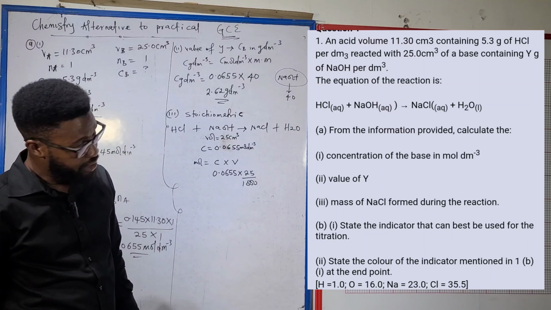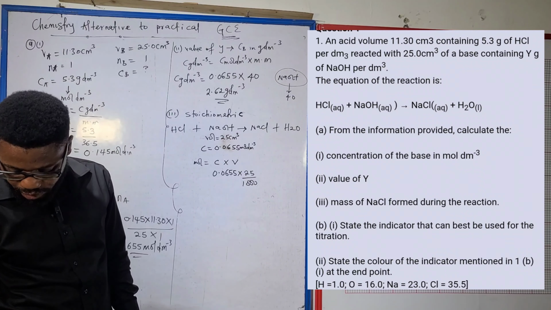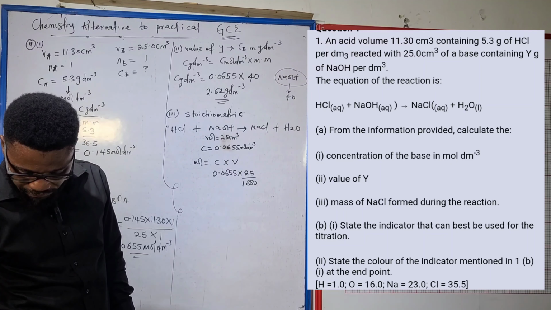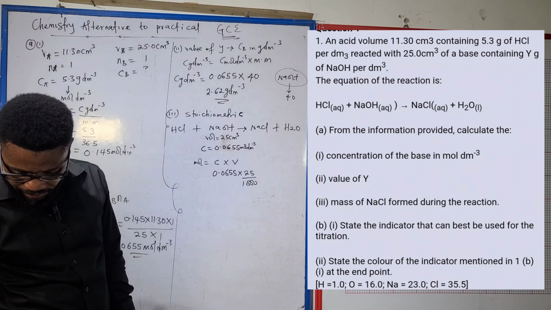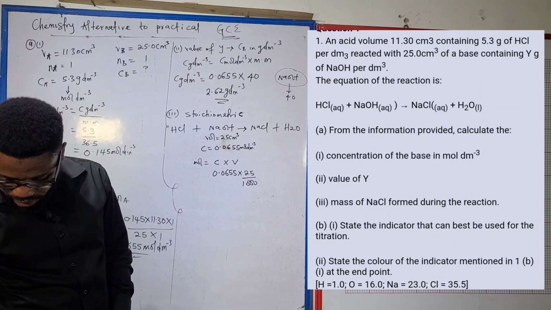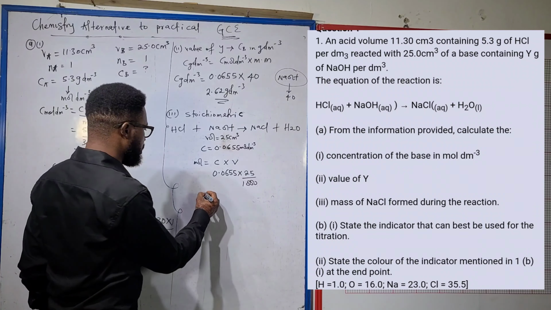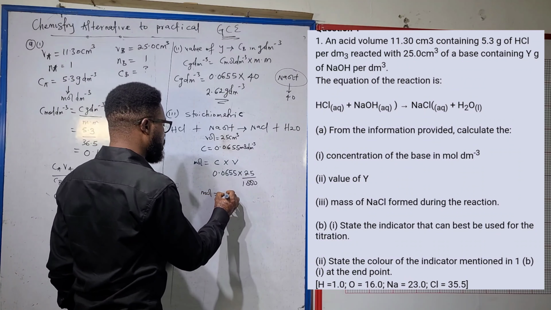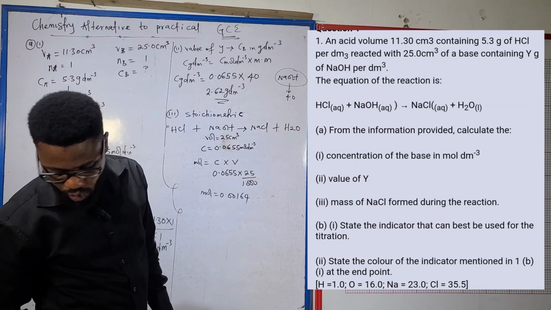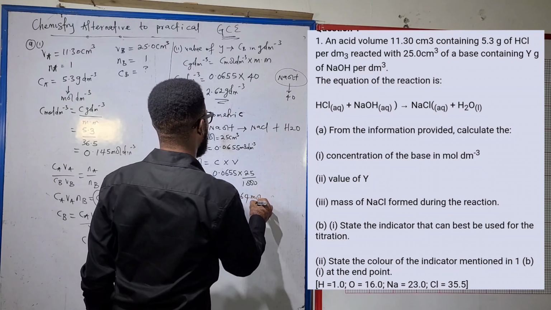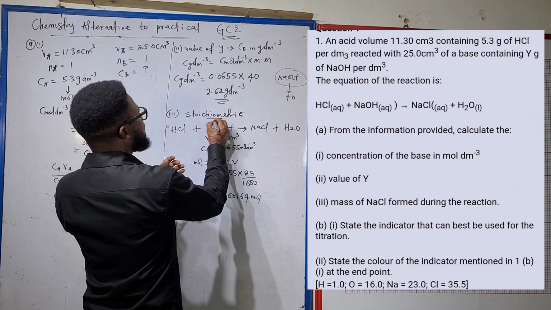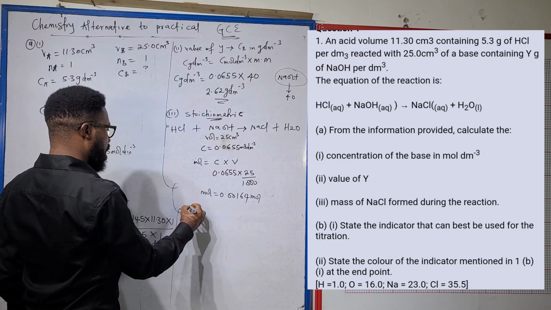If you compute 0.0655 times 25 divided by 1,000, that's going to give you 0.00164 mole. That is talking about my sodium hydroxide.